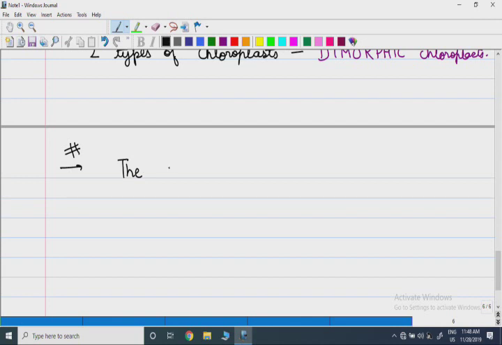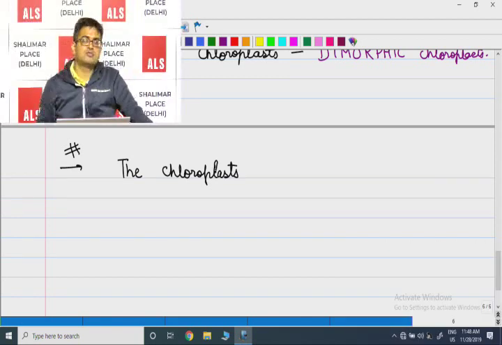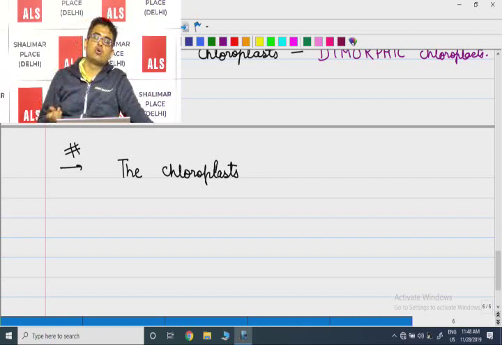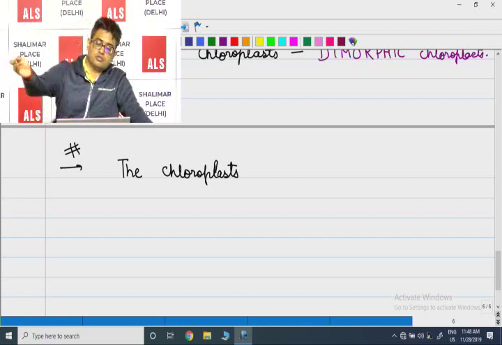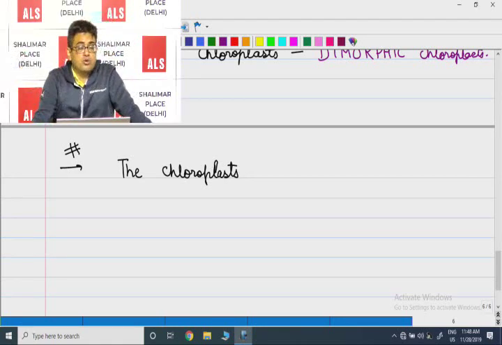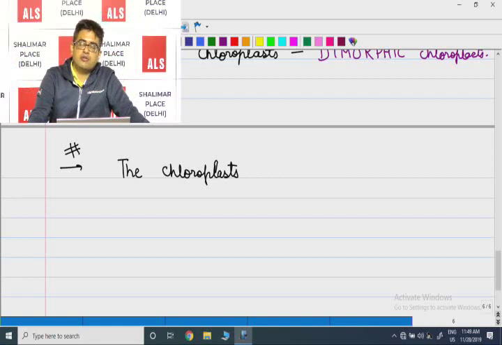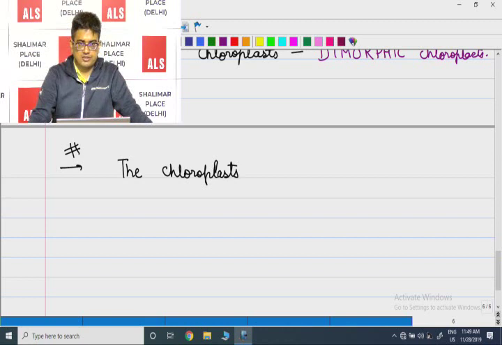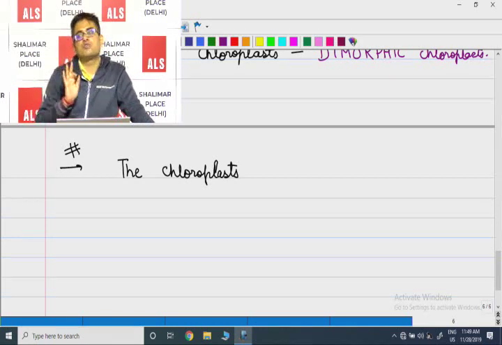The chloroplasts of bundle sheath cells are larger in size. You must remember this, because it comes very frequently in true and false statements, and it becomes very confusing. He will say choose the correct statements out of the following, and a statement can be that the chloroplast of mesophyll cell is larger than the bundle sheath cell. That becomes very confusing if you do not know exactly which is larger.